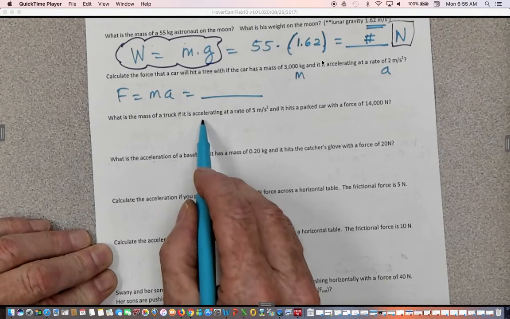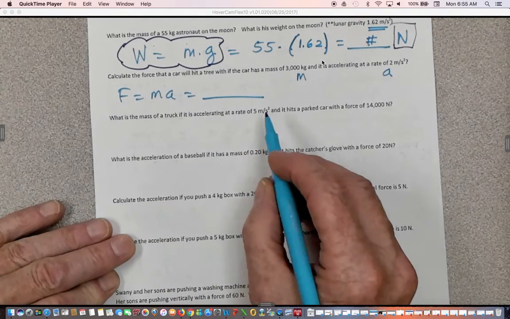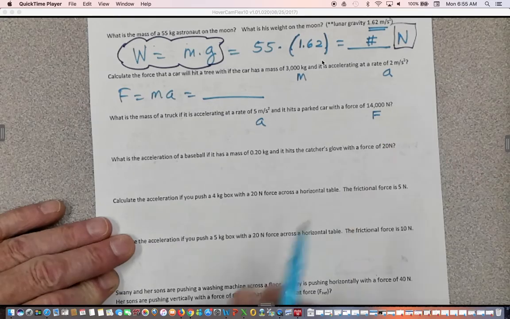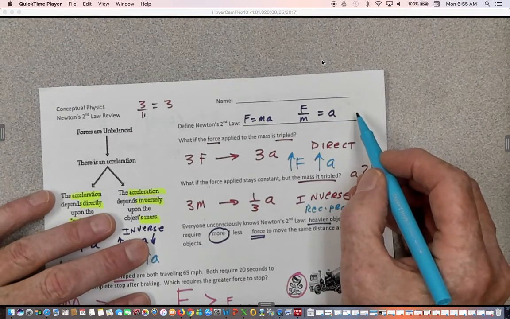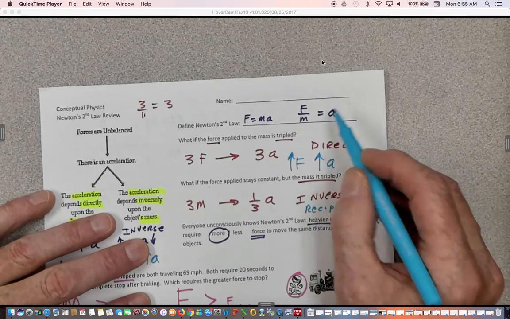What is the mass if the truck is accelerating? This is your acceleration, this is the force. If I flip the paper over, we have another version of this equation.